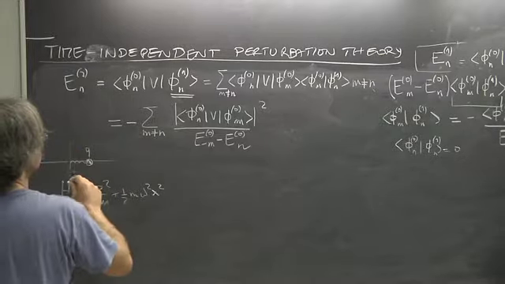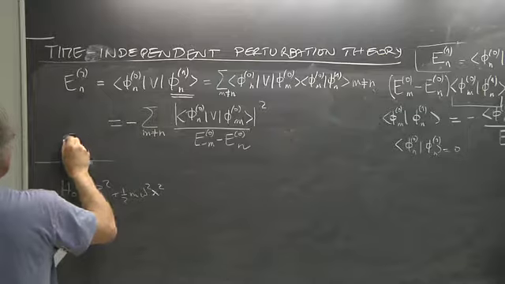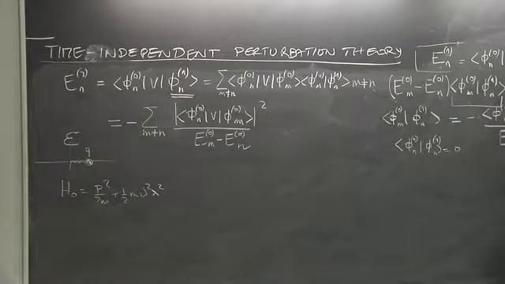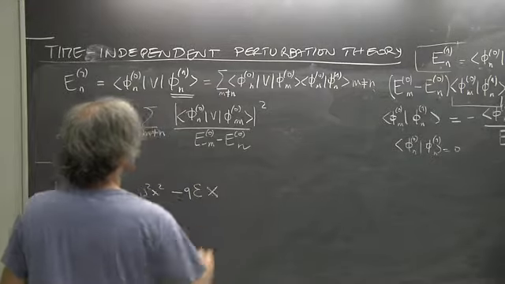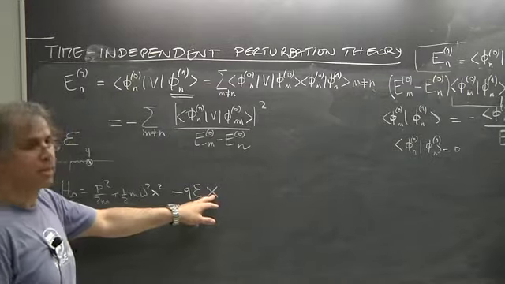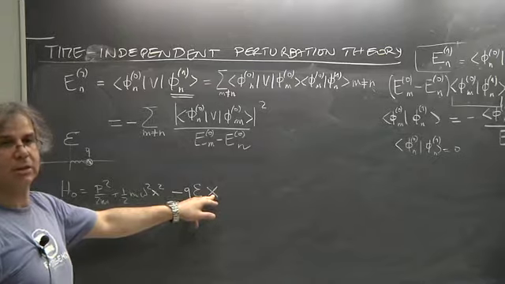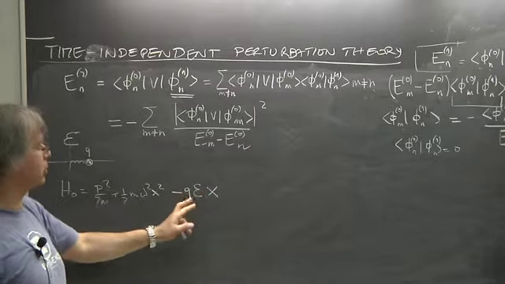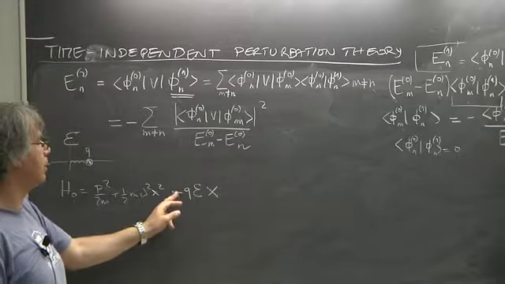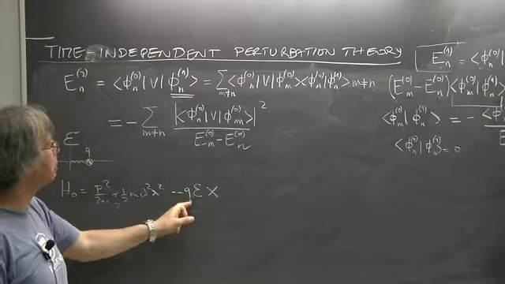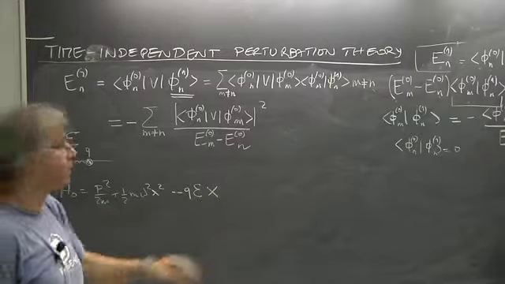In order not to confuse the electric field with the energies, I will use this calligraphic E for the electric field, okay? So an electric field generates a potential that is minus Q, the electric field, times X. In fact, if I take the derivative of this, I get the force. The force is just Q electric field. And therefore, the potential has to be minus Q electric field times X, okay?